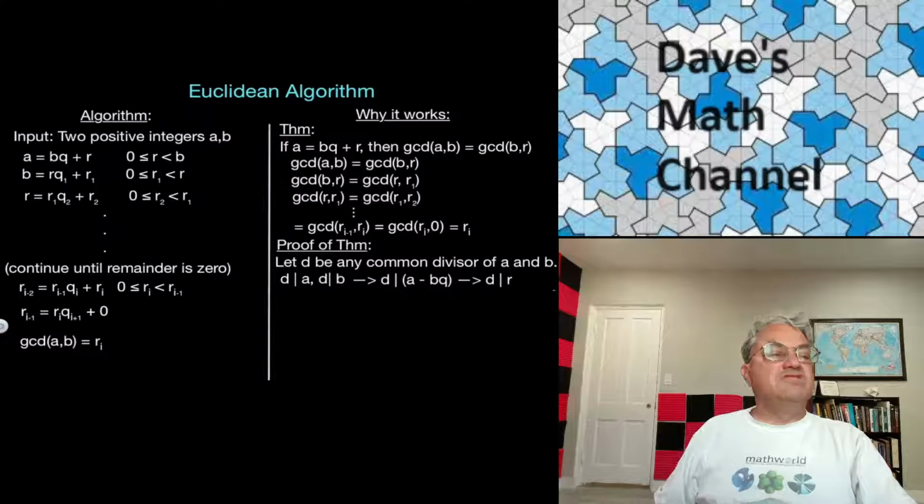Keep going as many times as you need to until you're left with a remainder that is 0. Eventually, you'll get a remainder of 0. That's another thing you can prove. Well, actually, that's very easy to see. This is a descending chain: R is greater than R1, is greater than R2, is greater than R3.